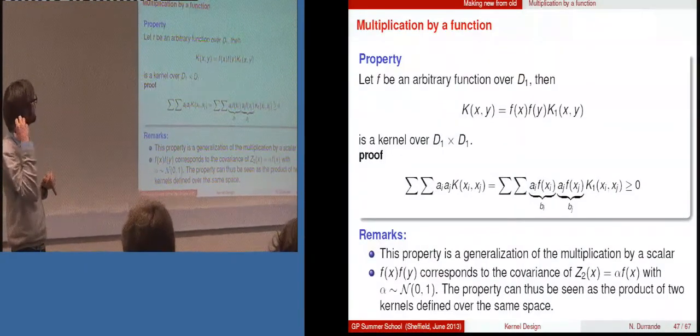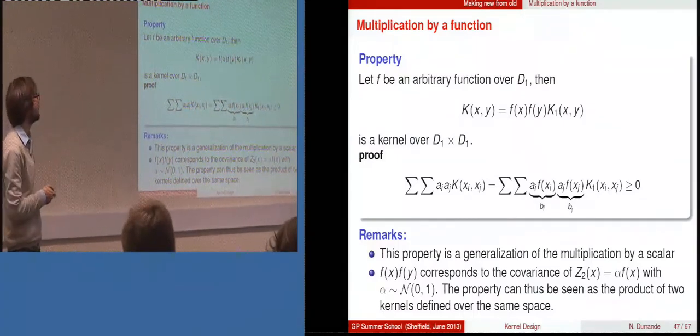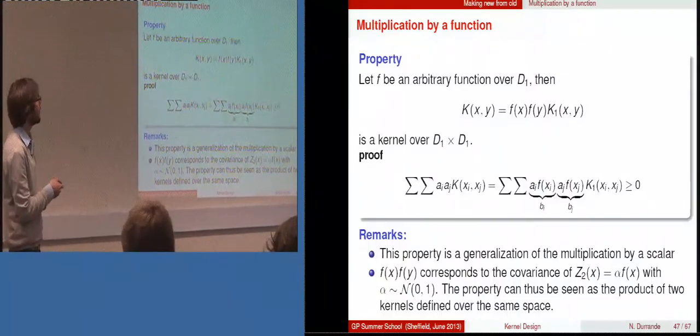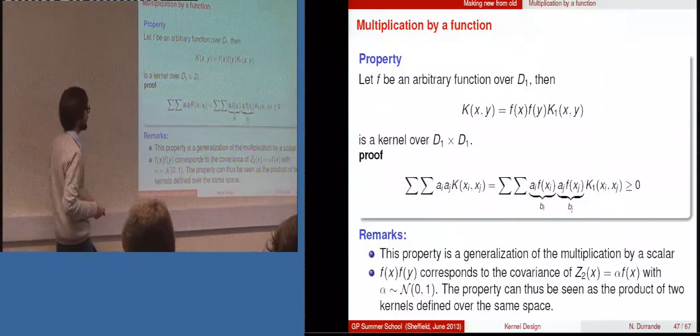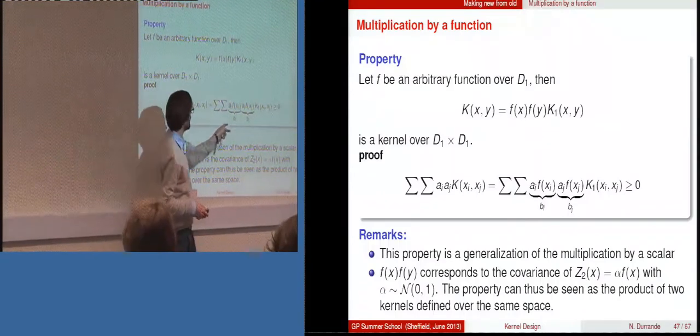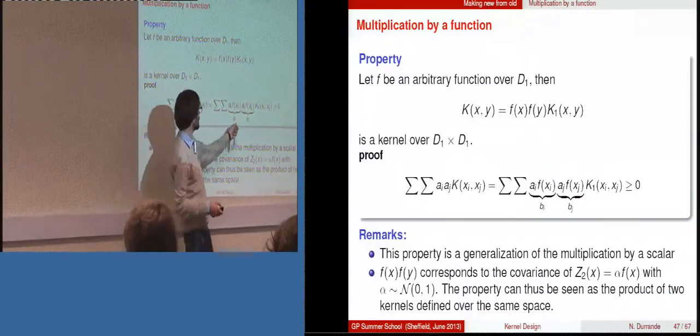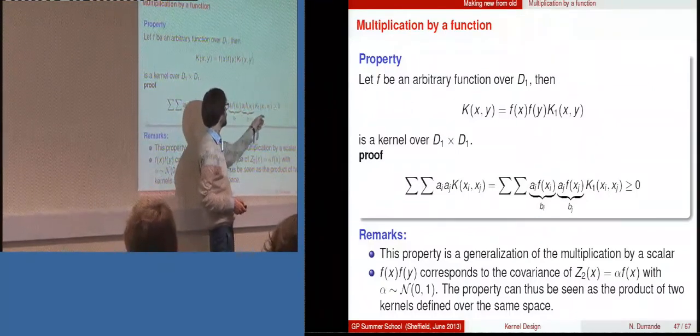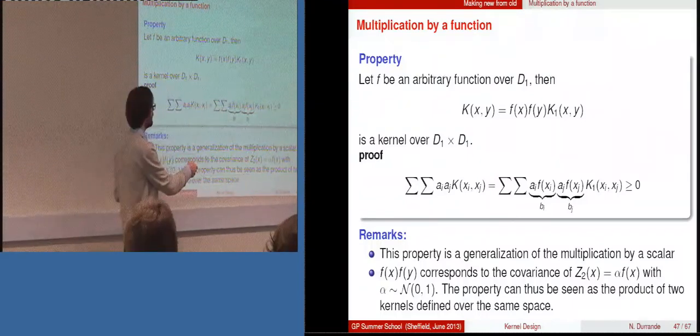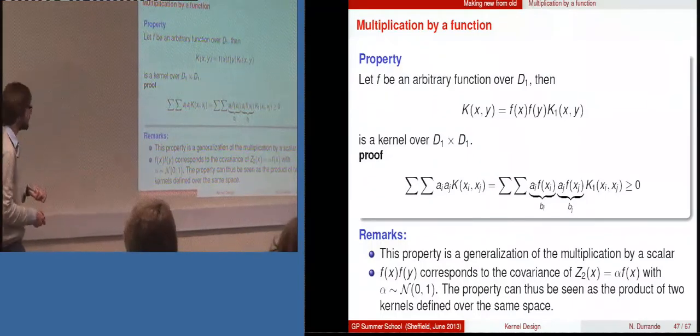We can also multiply a kernel by a function. f can be any arbitrary function, and if you multiply k1 of x,y by f of x, f of y, that's a kernel over D1. The proof is straightforward, because we just have to rename a_i f_i as b_i, and by definition, whatever the values are, K1 is positive definite, so this will be positive.